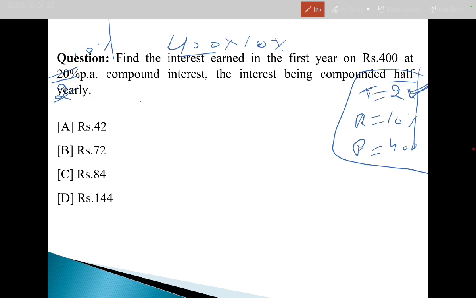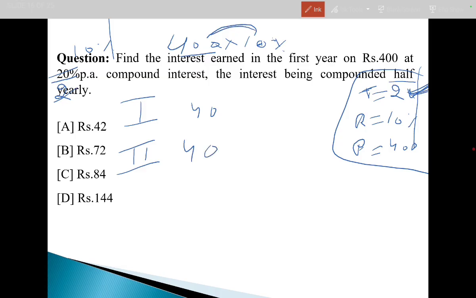Okay, so for the first year you will get just 10% of your principal, so 10% of your principal will be 40 rupees.